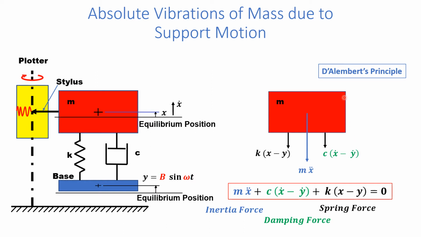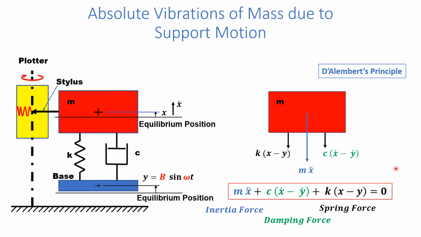Now according to D'Alembert's principle, if we apply the inertia force, which is mass into acceleration, m x double dot, in a direction opposite to the direction of motion, in this case x dot, so this is m x double dot. This will bring the body into static equilibrium.